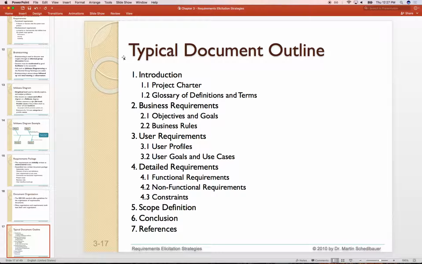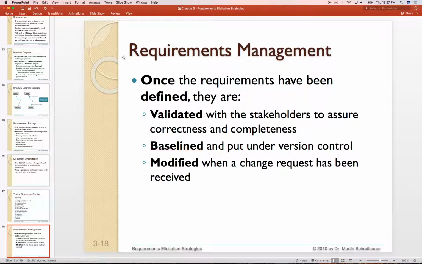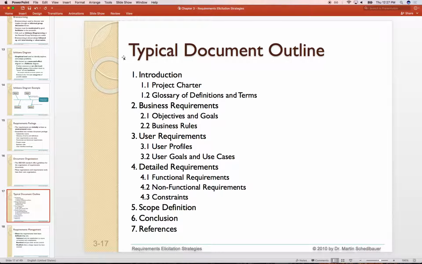Again, different organizations might have adapted to their own needs. Once you have this, now obviously many of these requirements will be left unspecified, right? Understanding that we just don't know enough today to make any decisions.